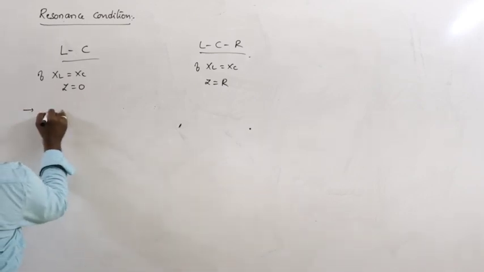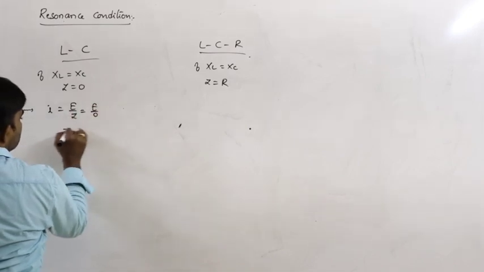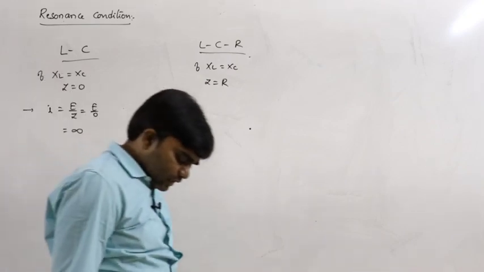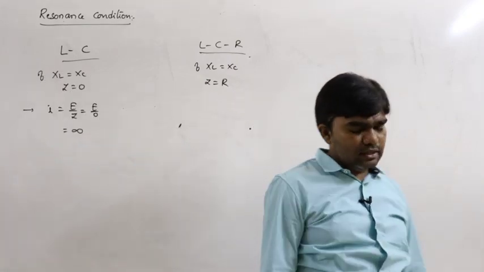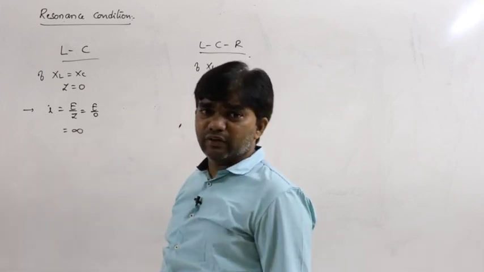Here total impedance equals 0. Then what is the current here? I is equal to E by Z, so that means E by 0, which is equal to infinity. If inductive reactance is equal to capacitive reactance, then in case of LC circuit, the current must be infinity.